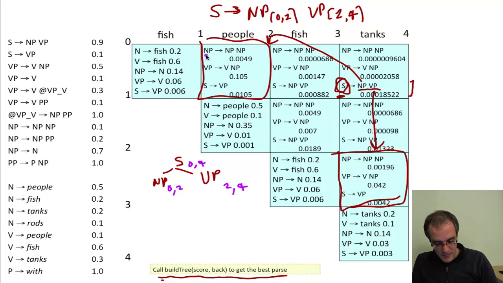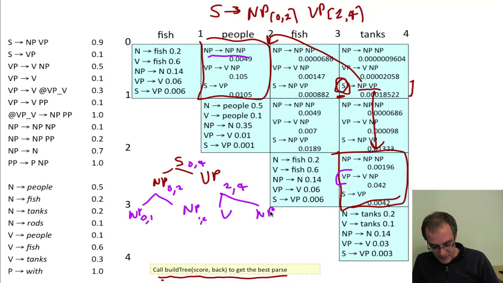So the highest probability way of building a noun phrase was using the noun phrase goes to noun phrase rule. And since that's a binary rule, we then necessarily know that it had to be 0 to 1 and 1 to 2. And the highest way of making a verb phrase is using the verb noun phrase rule, where this goes from 2 to 3 and this goes from 3 to 4.